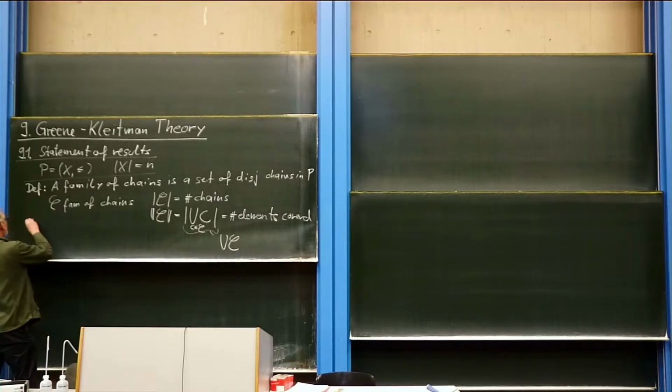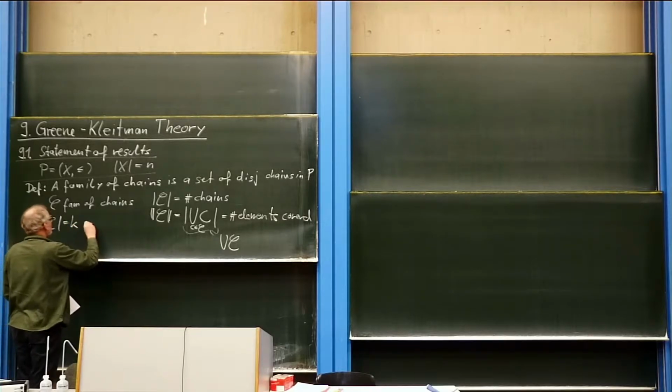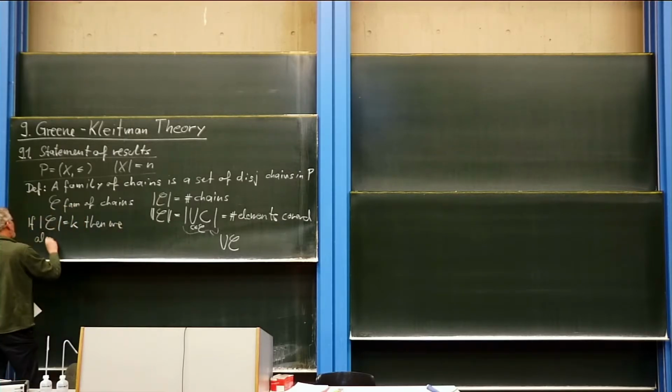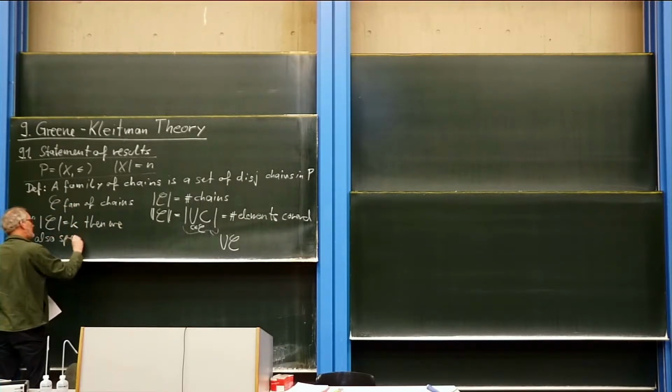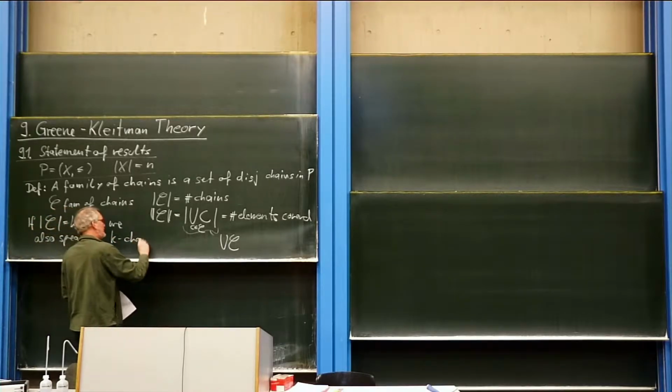Now if we have a family of K chains, then we also speak of a K chain.